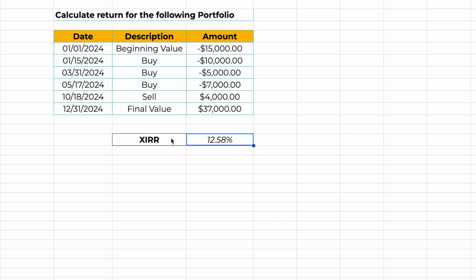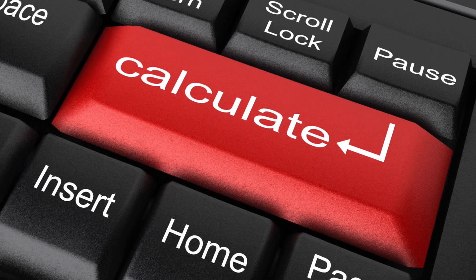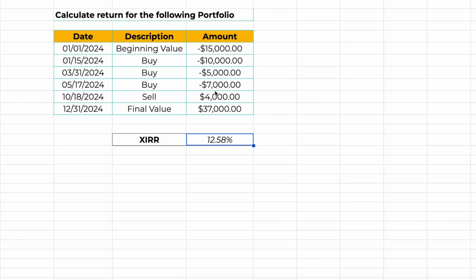Think of XIRR as a super calculator for your investments. It takes into account all the money you invested, when you invested it, and when you took money out, like selling stocks. With this magic, XIRR gives you a single accurate percentage that reflects your overall return.